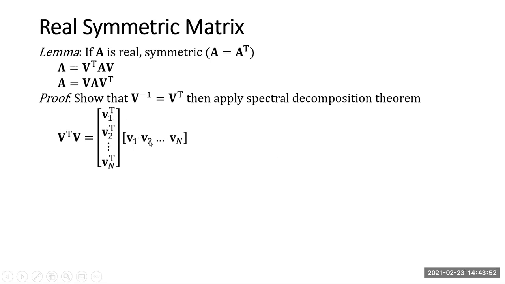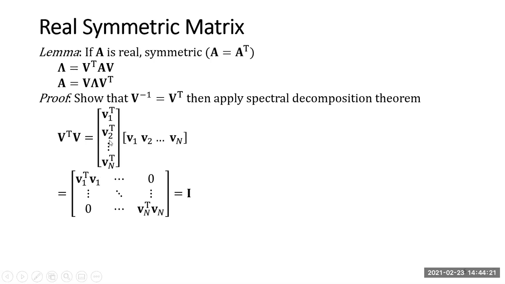V1 and V2 are mutually orthogonal because A is a real symmetric matrix. So V1 transpose V2 equals 0. V1 transpose V3 will be equal to 0. So V1 transpose V1 equals 1, and everything else, V1 transpose V2 until V1 transpose Vn, will be all zeros.